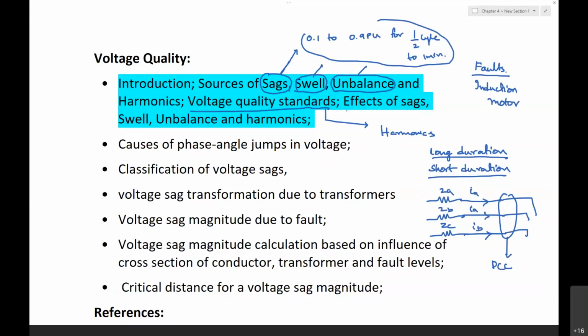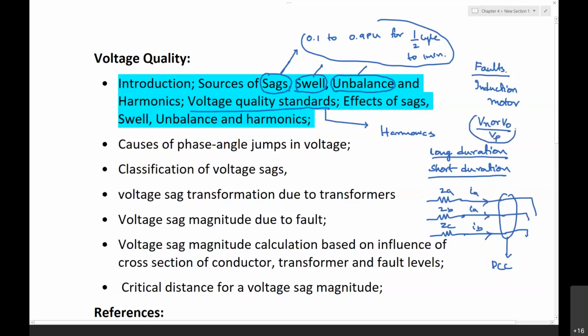We know how we are able to quantify the voltage unbalance. One easy way is calculating the ratio of negative sequence or zero sequence to the positive sequence voltage.